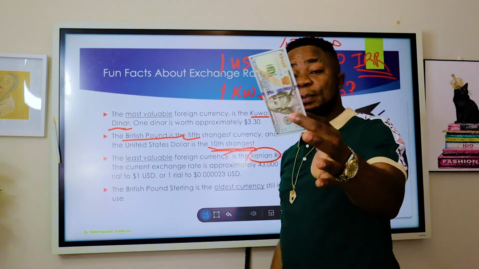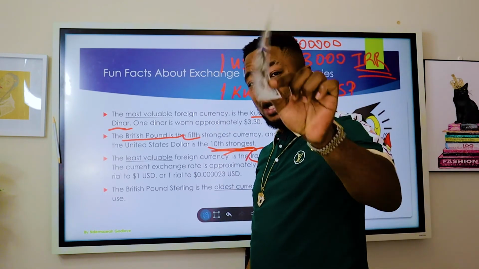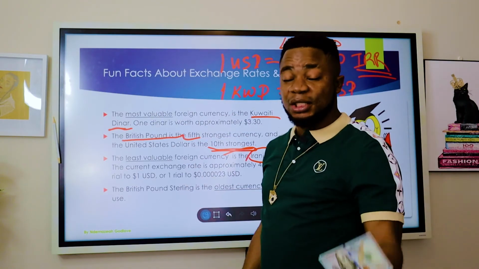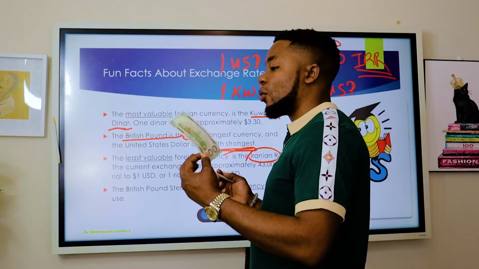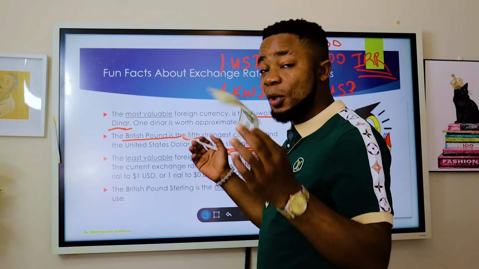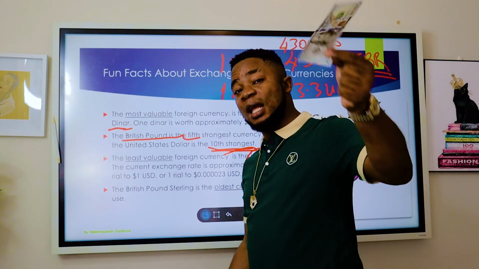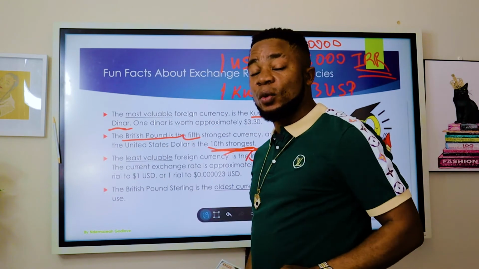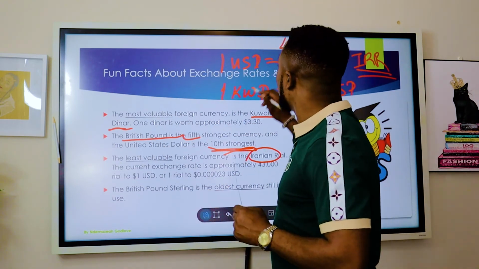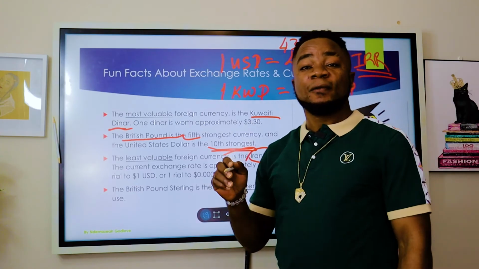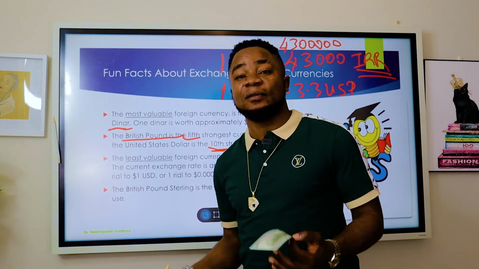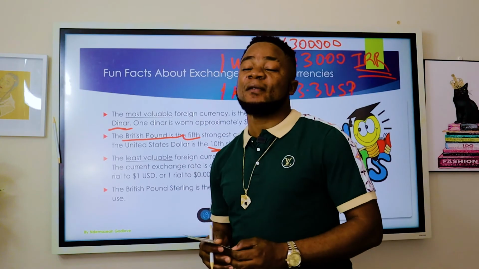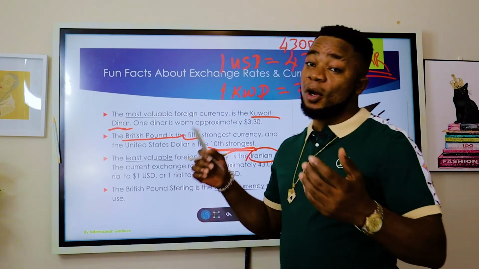So if I go with just this one note to Iran, maybe for vacation or sightseeing or sport, and at the airport I exchange it to Iranian rial, I'll be having 4.3 million Iranian rial. Maybe I wouldn't even be able to carry it by myself. That's just another fun fact about exchange rates.